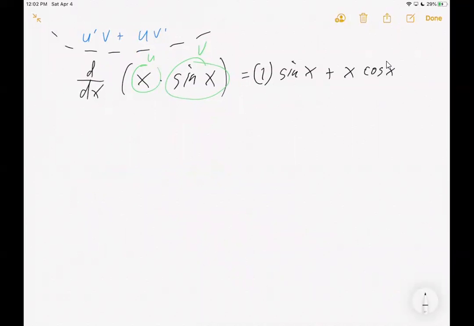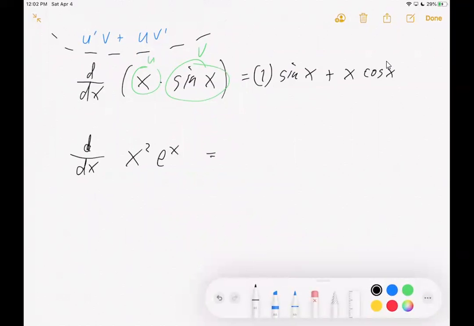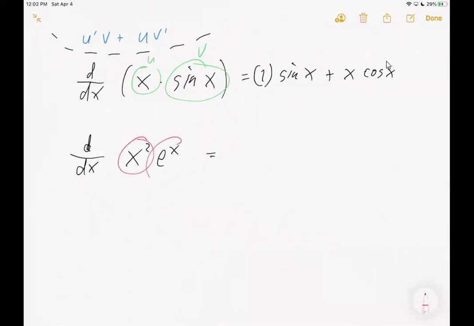So just another one here. If it had been x squared times e to the x, right? We want to figure out what the derivative of that is. We don't really need parentheses around the quantity because they're factors, not terms. So you just want to circle them and call the first one u and the second one v.